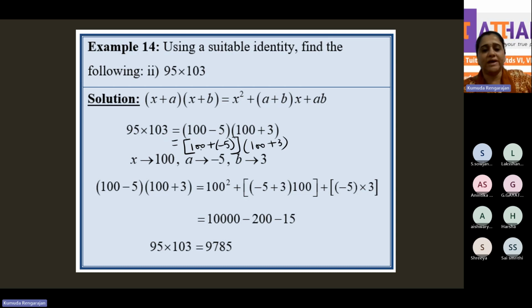So on comparing, x is 100. See here, this is x plus a, this is x plus b. You're comparing it with x plus a and x plus b. x is 100, a is minus 5, b is 3.